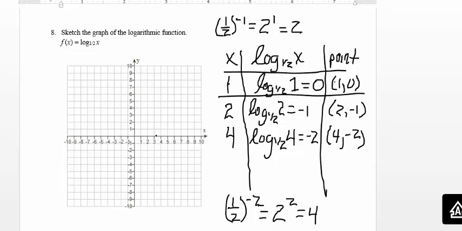Alright, and that's 3 points. Let's look at plotting those 3 points. So when x is 1, y is 0. When x is 2, y is -1. When x is 4, y is -2.